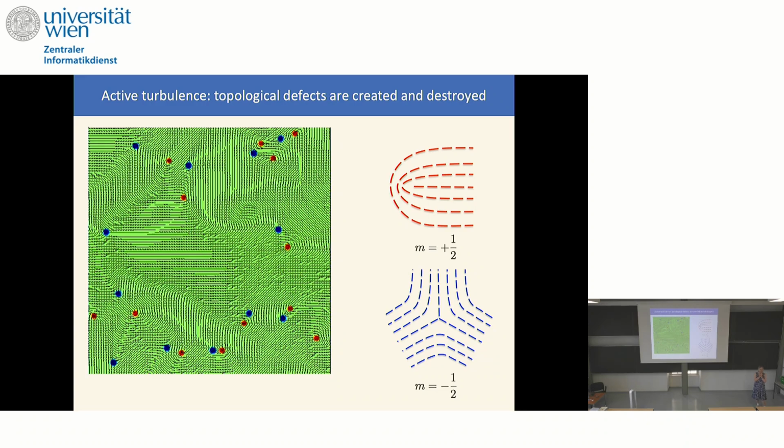If nothing else happened, they would then just annihilate again straight away. But the plus a half defects are motile, they're self-motile. This thing will move on its own. Anyone like to tell me why it will move on its own?